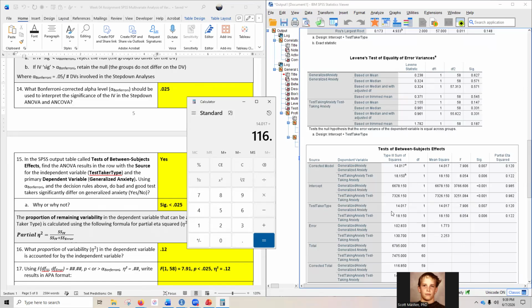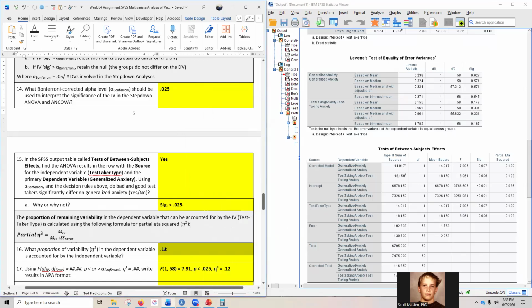Was that 116.85? It was. And that's equal to 0.1199. That's going to round to 0.12. And that is indeed the partial eta squared that it gave us. So the answer for number 16 is 0.12. The easy way to get it was to look here. The harder way was to go through that calculation.